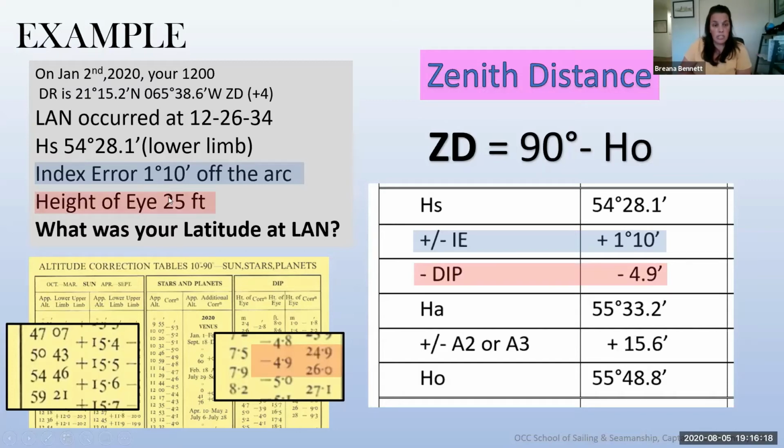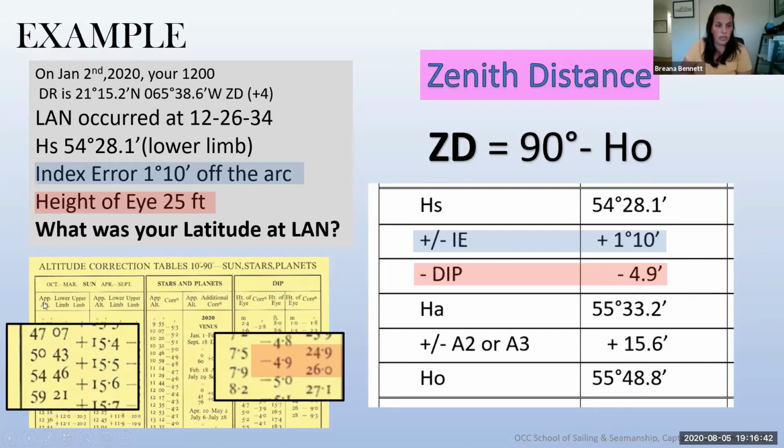Our dip correction, we have a height of eye of 25 feet. So we go to our dip and we see our correction is going to be minus 4.9. We can calculate what our HA is. And then we're going to go to this column over here to find our A2.